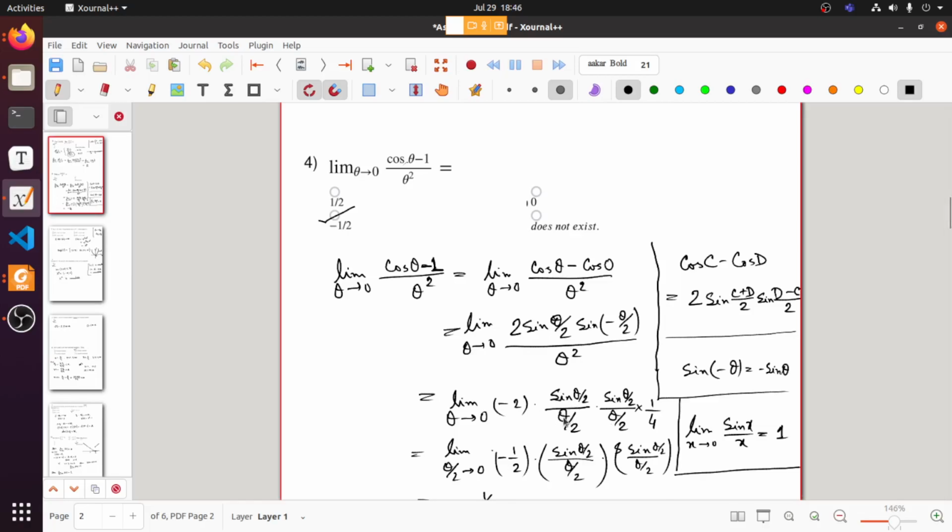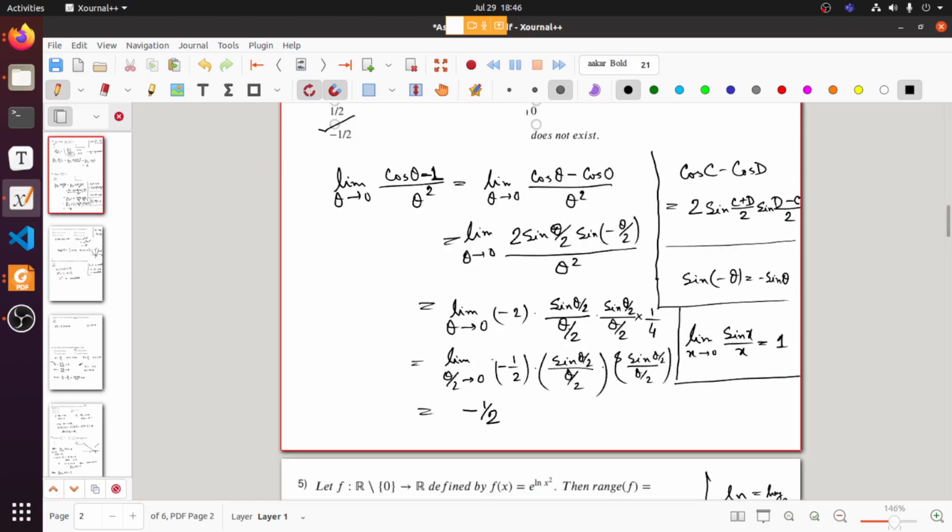As theta tends to 0, theta by 2 also tends to 0. As theta by 2 tends to 0, sin(theta/2) by theta/2 is 1. So this part is 1 and this part is also 1. So we only get minus 1 by 2.